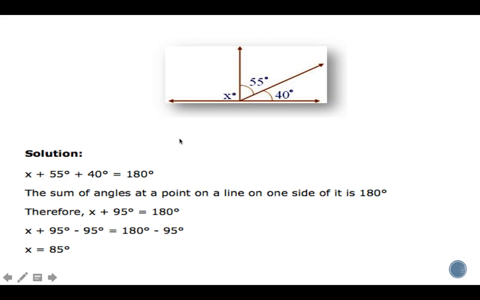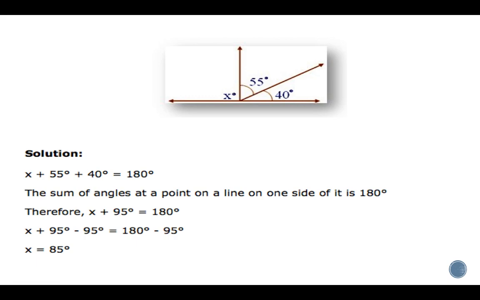Now the next worked example. I already said, this is which angle? Good. This is a supplementary angle. Now x plus 55 plus 40 equals 180. When you add 55 plus 40, it will be 95.